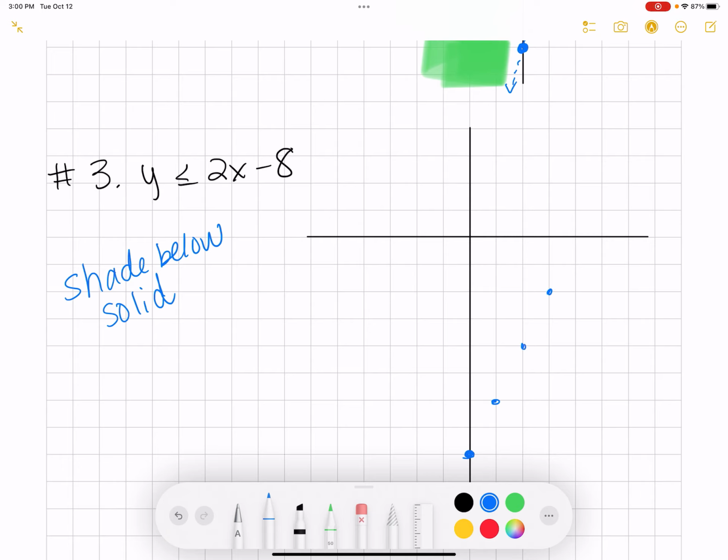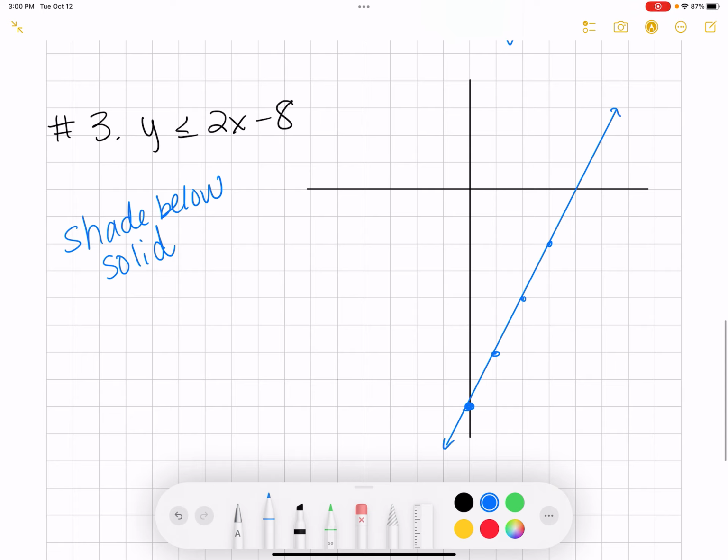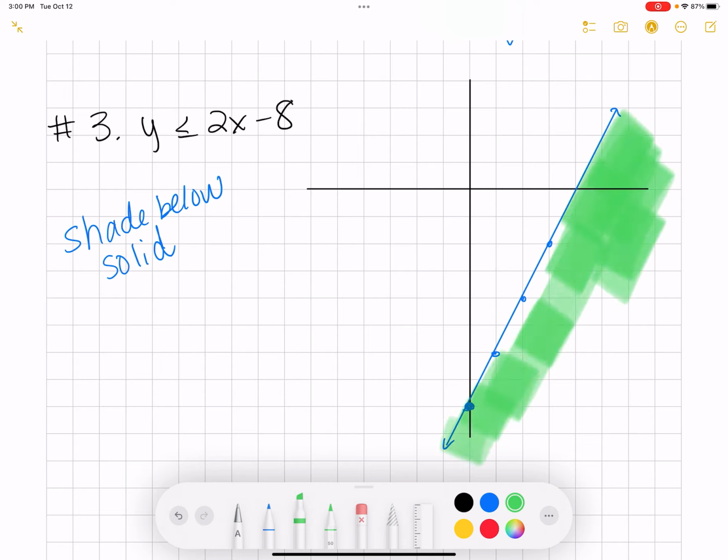We already said it's solid. And we shade below. So again, it's where the y values are smaller. So shade below. So we're shading down here.